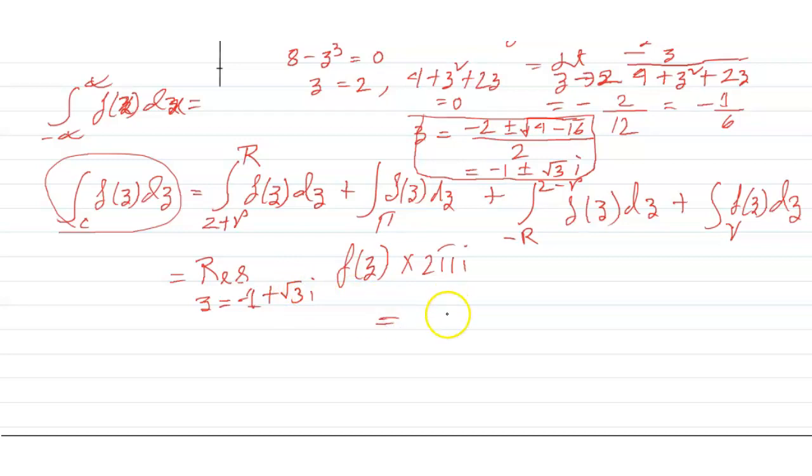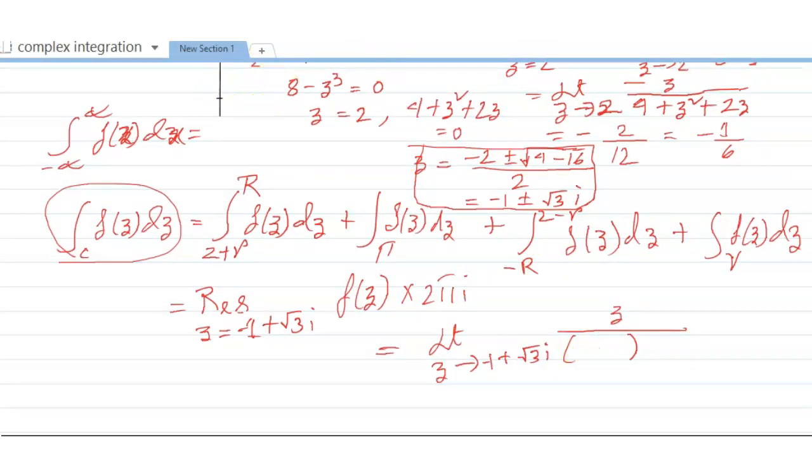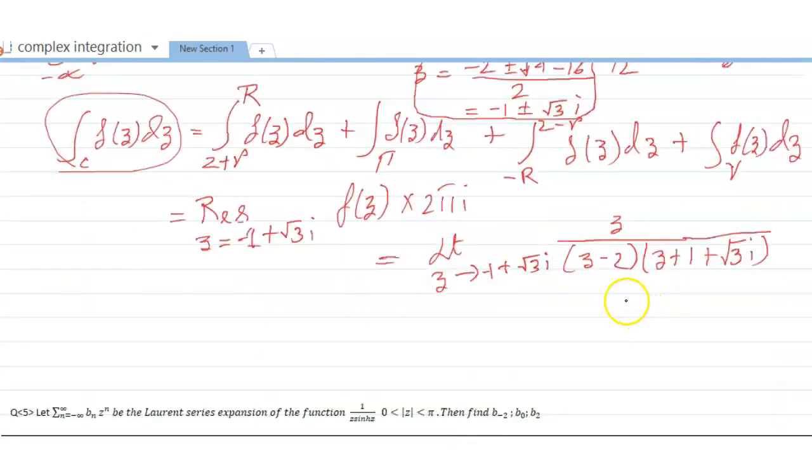How can I calculate it? It is the limit as z tends to minus 1 plus root 3 i of z divided by (z minus 2)(z plus 1 plus root 3 i), and as the formula is 8 minus z cube, I can write it this way, multiplied by 2 pi i.